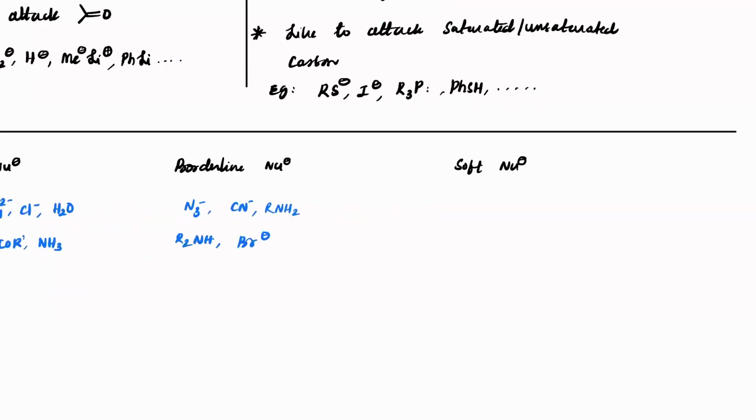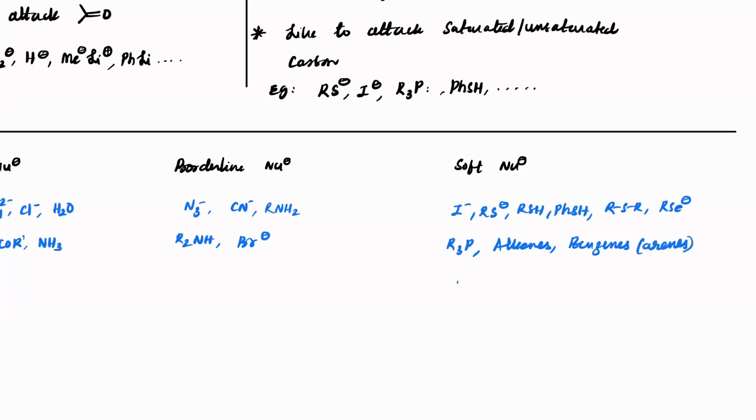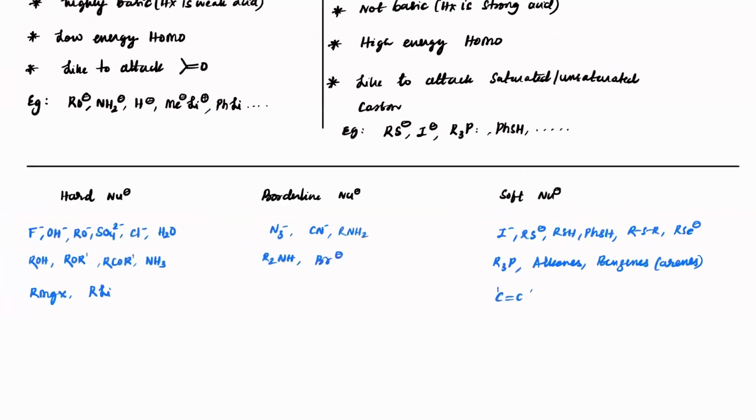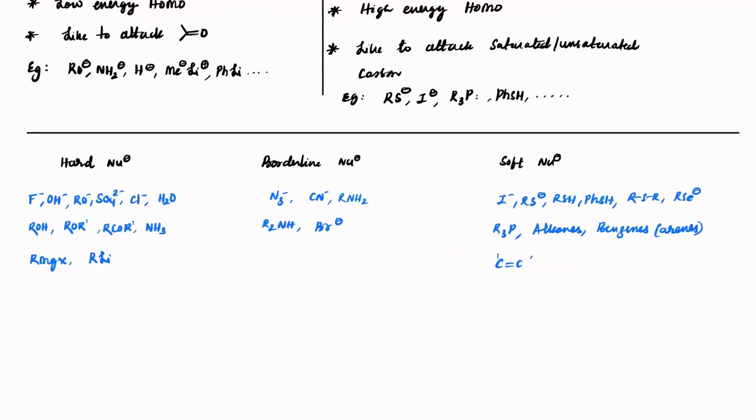The soft ones include I minus, RS minus, RSH, PhSH, RSR, RSe minus, R3P, and only alkenes, only benzenes, or simply call them arenes, any C double bond C cases. So these are all soft nucleophiles. You can always apply this factor and you'll be able to get the answer. Got it?